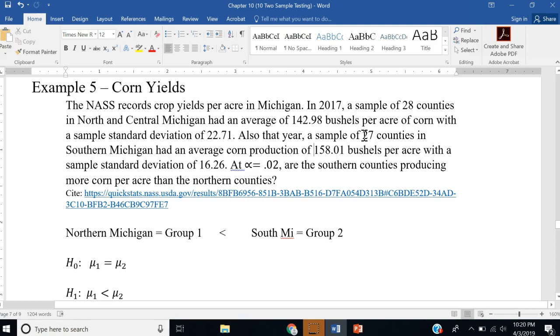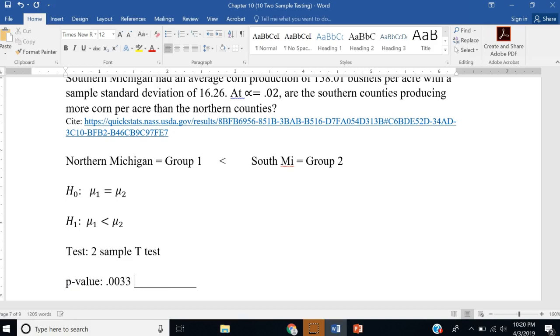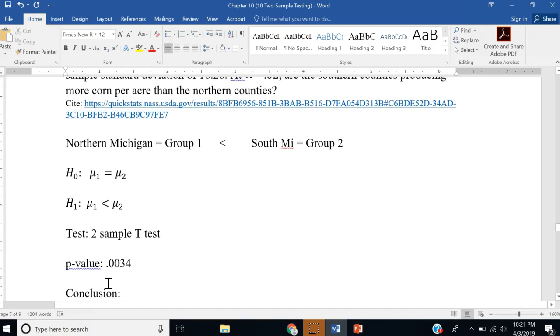The symbol needs to be the less than symbol because that's what we're looking at here in my alternative hypothesis. Once again, we use no for the pooled. And when you calculate that, you get a p-value of 0.0033, or I'm sorry, 0.0034 because it does round up to 4 when I round it to 4 decimal places.